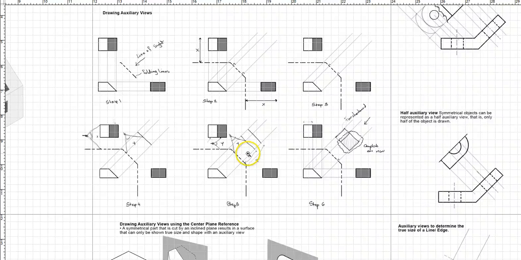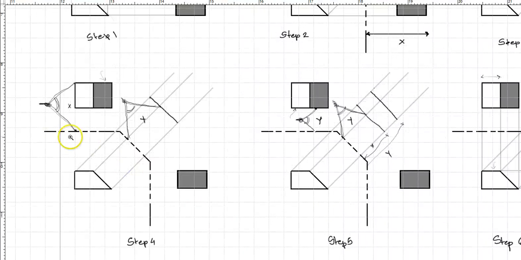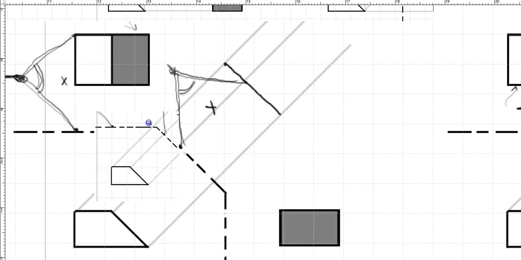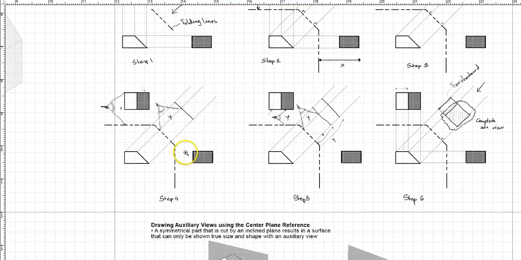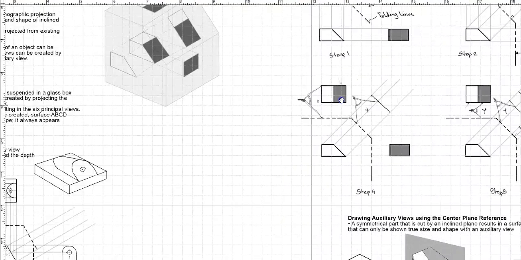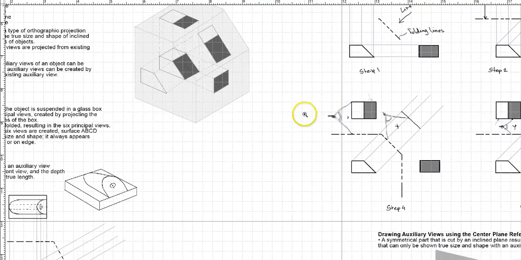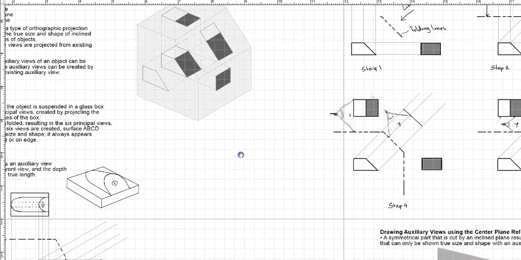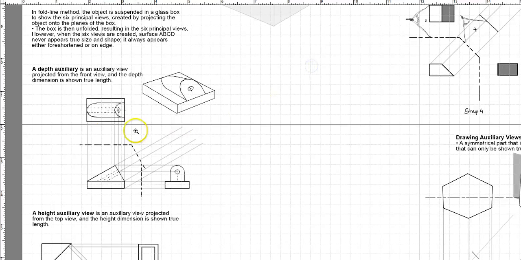Okay, and then we go about measuring the distances from the folding line to the front of the object, from the folding line to the back of the object, and then transfer it on our auxiliary view till we get our desired auxiliary view. Now this is a simple example. You will be working with a lot more complicated examples. This example that we just did is similar to the next one that we are going to do here.